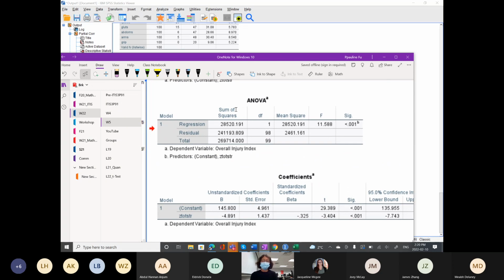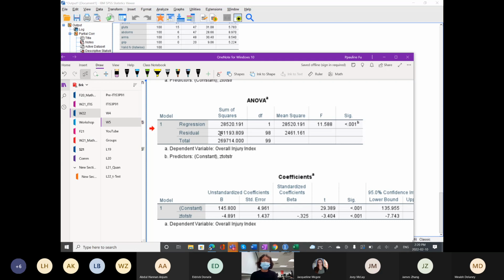So if you look at the sum of squares, this number divided by degree of freedom, you get mean square. So 28,520 divided by 1 equals 28,520. Next, mean square due to residue.